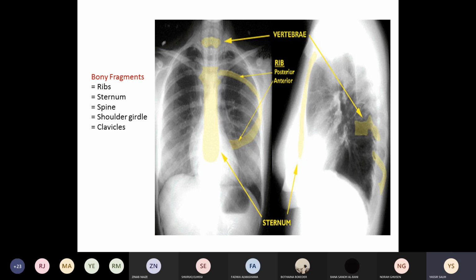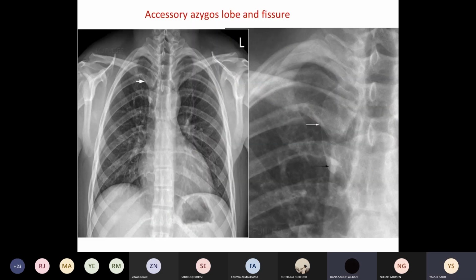Regarding the azygos lobe, I did not understand how to identify it. Can you repeat the point? The azygos lobe fissure, first, we said it is an anatomical variant. If it is there, it is a thin opaque line in the apex of the lung, usually convex laterally.